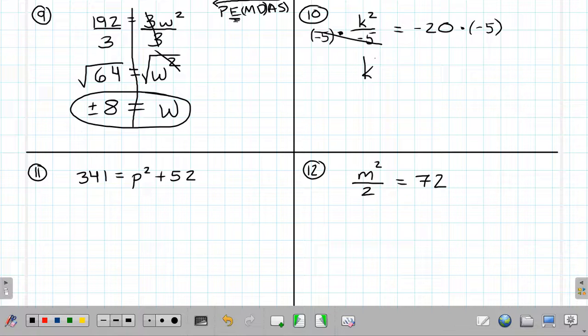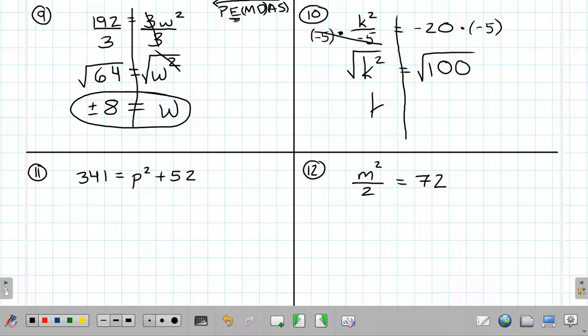So in this case, we get k squared is equal to, negative times a negative is a positive, 20 times 5 is 100. As always, the last step with these is take the square root. So k is equal to, this is probably one of the easier square roots everybody remembers.